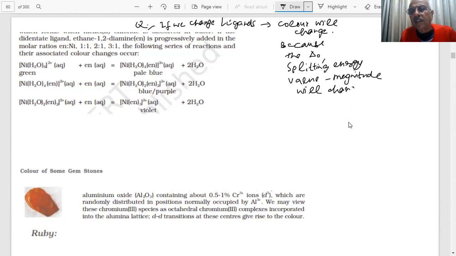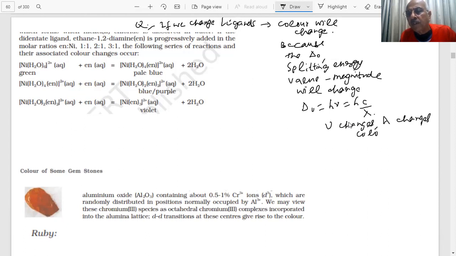And when Δo changes, we have ΔE = hν = hc/λ. So if the value of Δo changes, then ν changes, λ changes. So what will happen? Color will change.